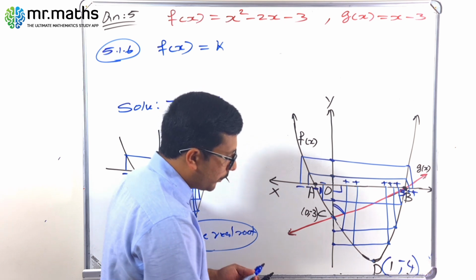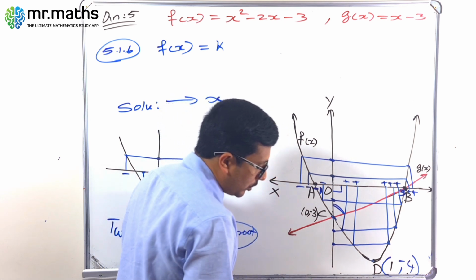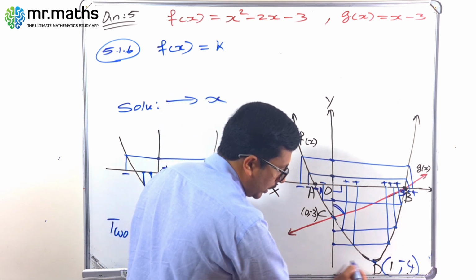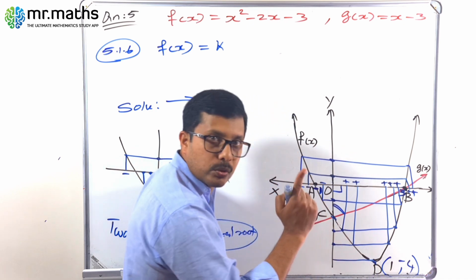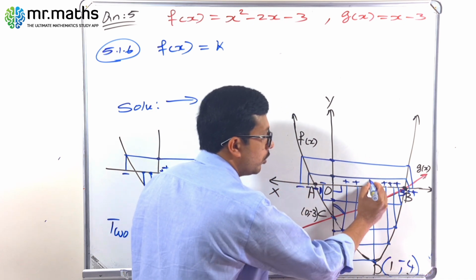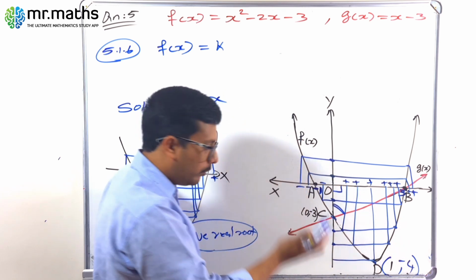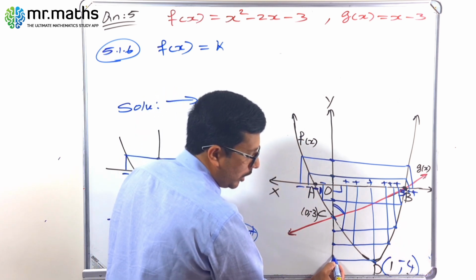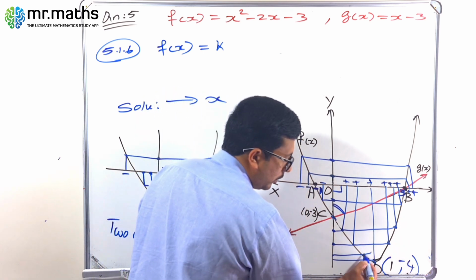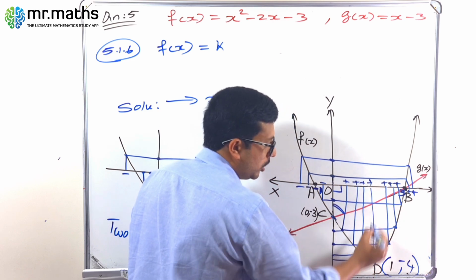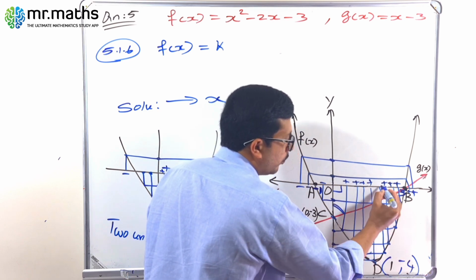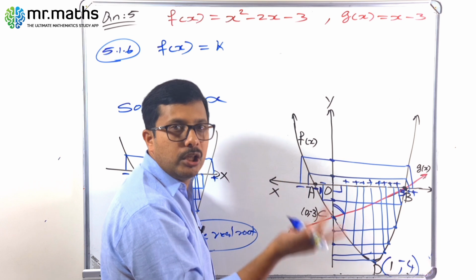So it means that if I take up to which one? Up to this turning point. Don't take the turning point. Turning point has only one solution, that is this one, positive. Only one solution. But we want two unequal just before that turning point. If I take a y value or k value here, then one here positive and the other one here positive. Two unequal positive.